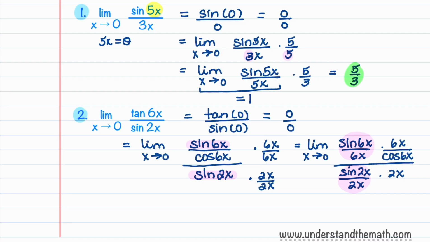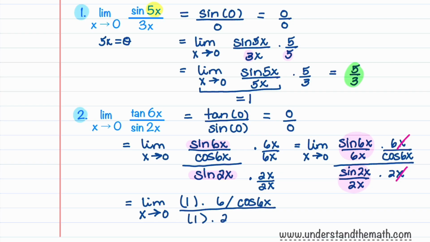And then notice that our x's cancel out. So what we're left with is the limit as x goes to 0 of 1 times 6 divided by cosine 6x, all divided by 1 times just 2. Cosine of 0 is equal to 1, so this is just 6 over 2, which is equal to 3. And 3 is the value of our limit.